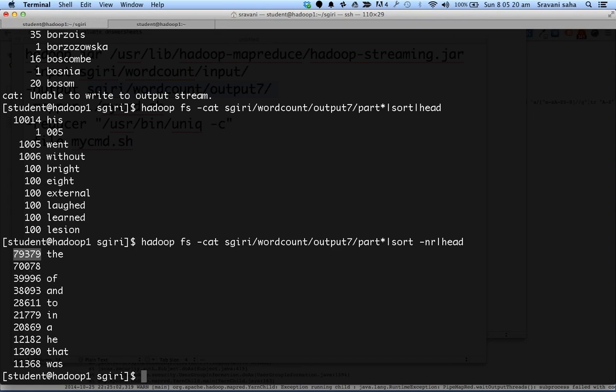All right, and there is some tab character or something, some invisible character over here. I don't know what this is; I have to look into this clearly to understand. "Of" has come this many times, and "and" has come this many times.